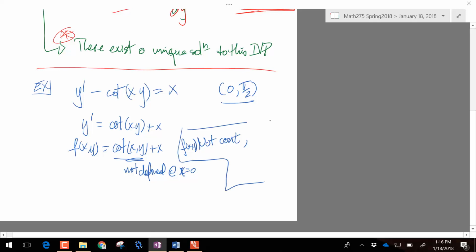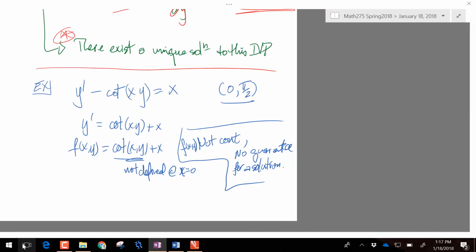So no guarantee for a solution. So this could be one of those things. We don't say the theorem fails. We just say the theorem doesn't apply because the condition's not satisfied.